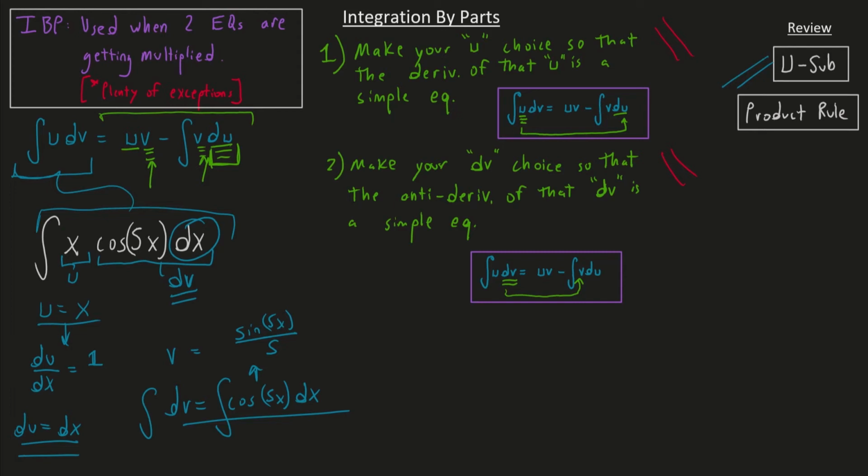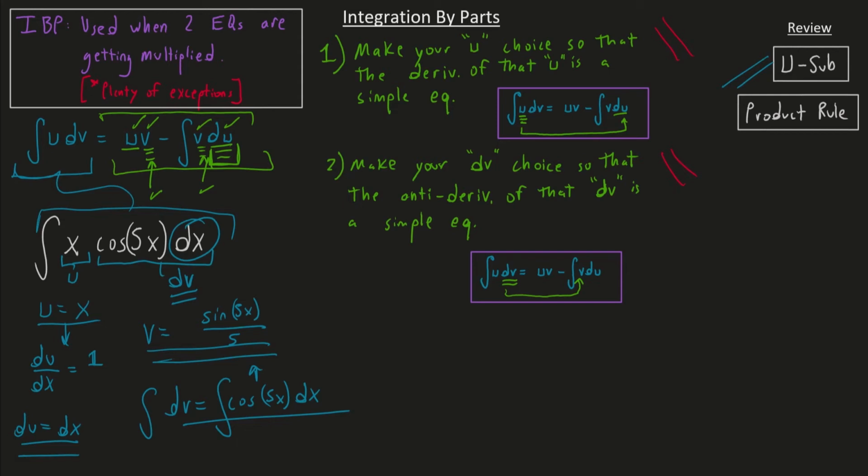But just know that this step is a u sub step. So now I've assembled my v. So I've assembled everything. I have u, I have v, and I have du. So I'm all ready to crunch this right-hand side of the integration by parts recipe.